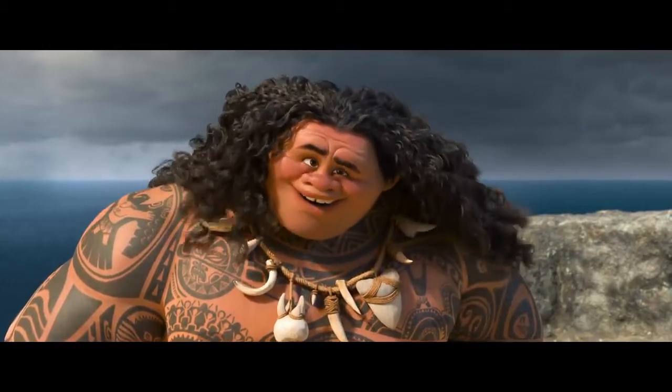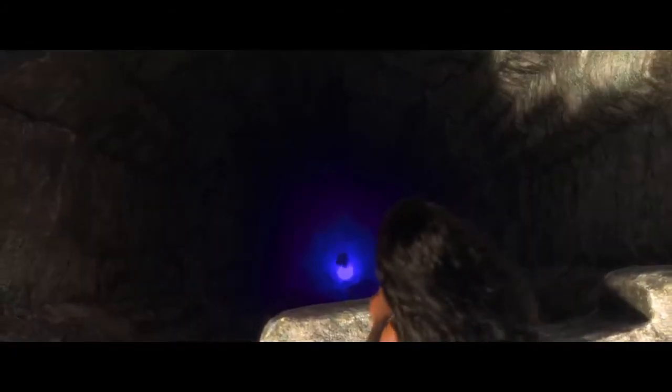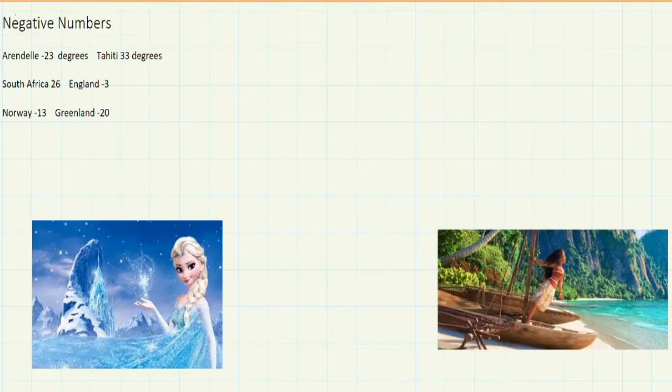Now, the kind of answer I see very regularly when it comes to these kind of questions is I see this happening. I just want to look at this misconception very carefully. I see 33, and then I see minus 23, and we get the answer of 10. And people would say to me that the difference in temperature between Arendelle and Tahiti is 10 degrees.